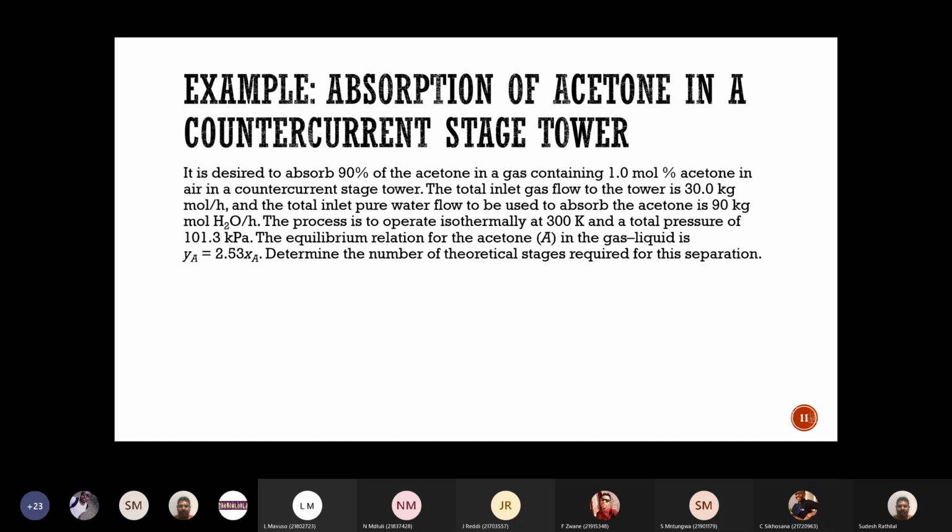Let's understand that. You've got a gas stream entering the tower, going up the tower, and initially it contains 1 mole percent of acetone, the solute. 90% of that 1 mole percent you want to absorb.